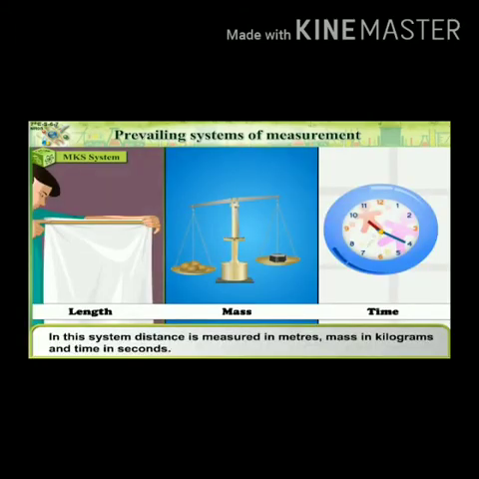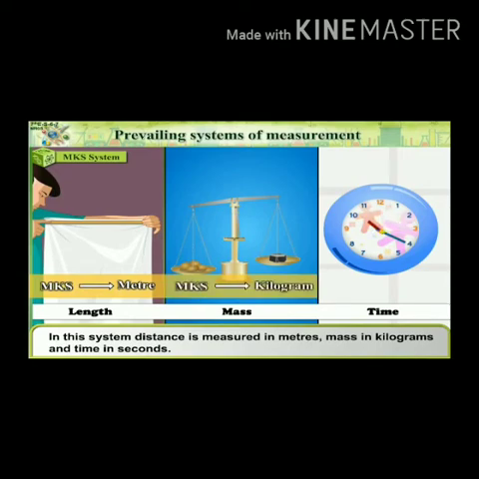Now, always remember, prevailing systems of measurement. First, the MKS system. In this system, distance is measured in meters, mass in kilograms and time in seconds. Now, the CGS system.